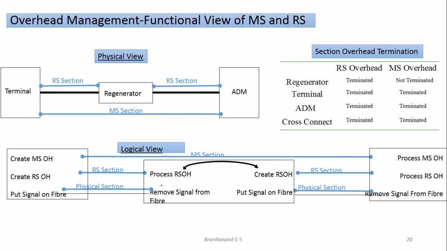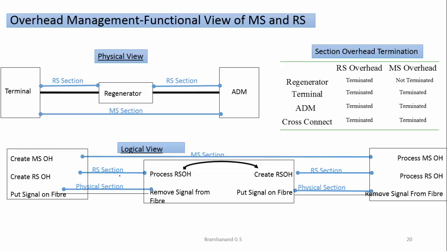The regenerator removes the signal from the fiber and puts it back, so the physical layer of the regenerator puts it back again, which reaches my destination node.